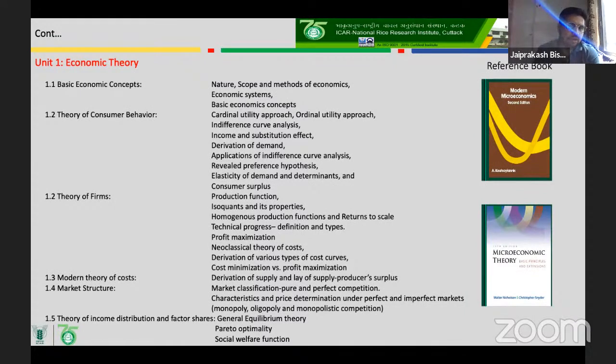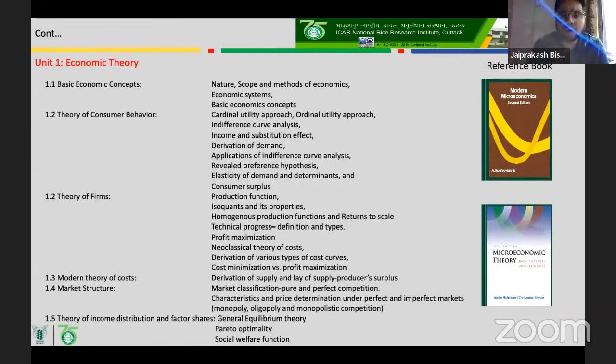So you should focus on those kinds of derivations, questions, and calculations which are given in Modern Microeconomics by Koutsoyiannis. When I was writing this examination in 2015, some questions appeared from this calculation portion, and they were very simple questions.